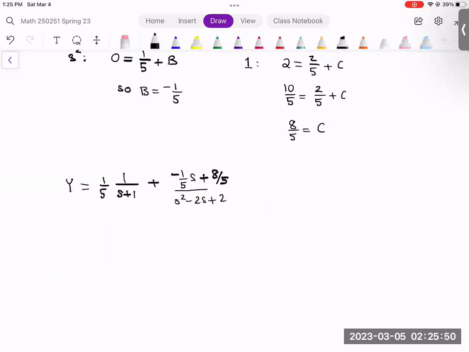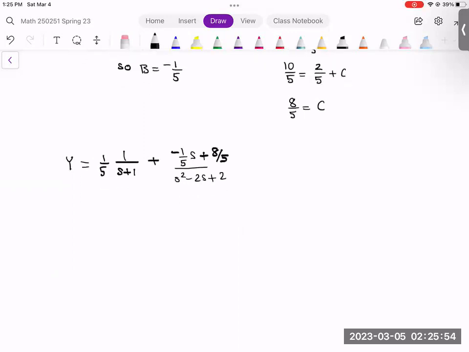Alrighty, and now we want to look at inverse Laplace transforms. So because we have this irreducible quadratic, again, we are going to complete the square, taking half of the coefficient of s.